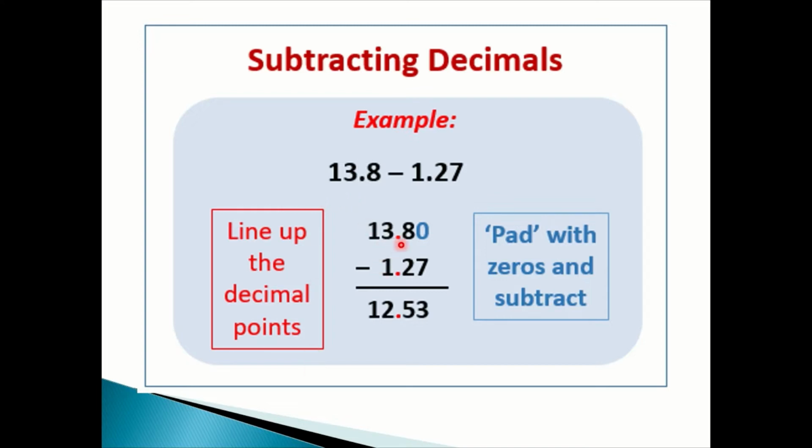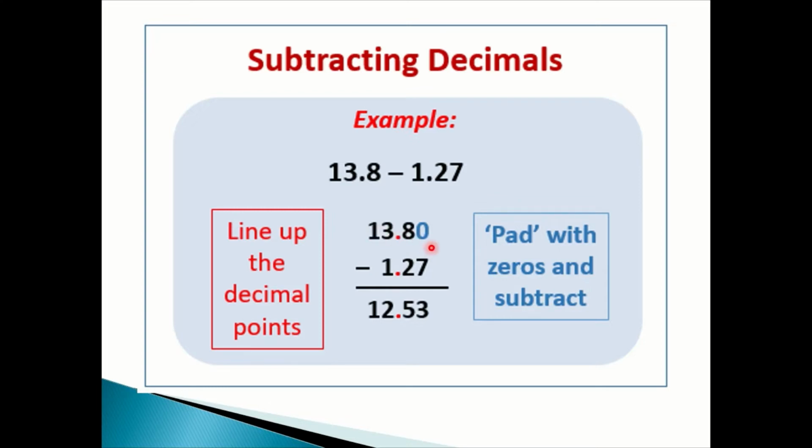So that's 13.8 and then negative 1.27. We align there the decimal points. Look at that carefully. And then we pad with 0. So which means we add 0 to 13.8. It will become 13.80. Don't worry, they are just the same.